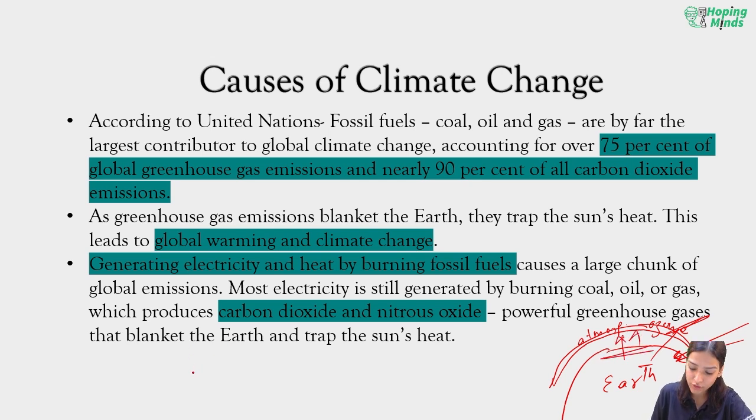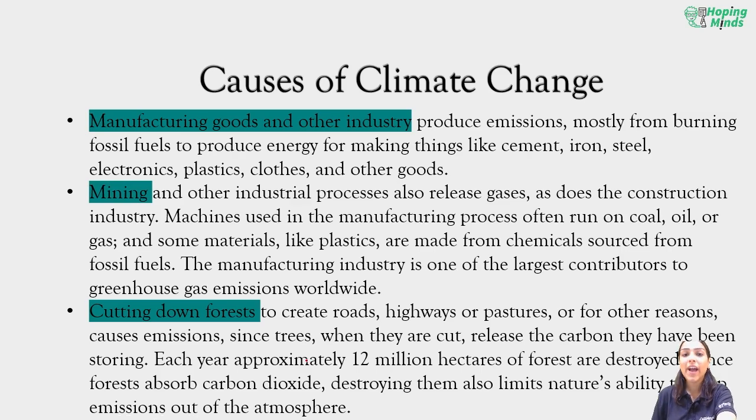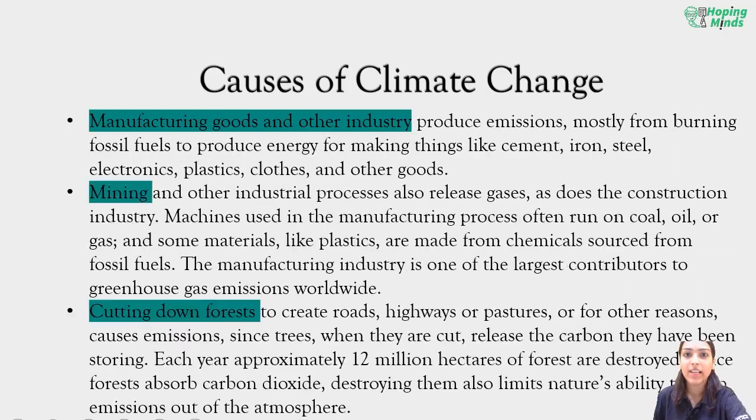This rise in temperature is one big climate change that we are facing. Why? Because the facts state that 2011 to 2020, the last decade that we saw, is the warmest decade on record.